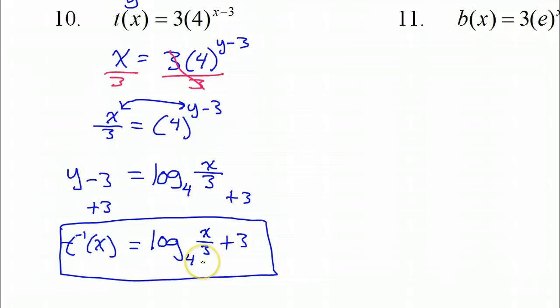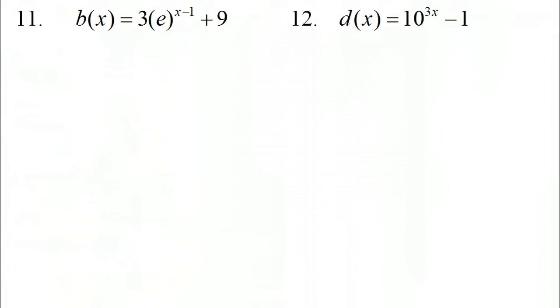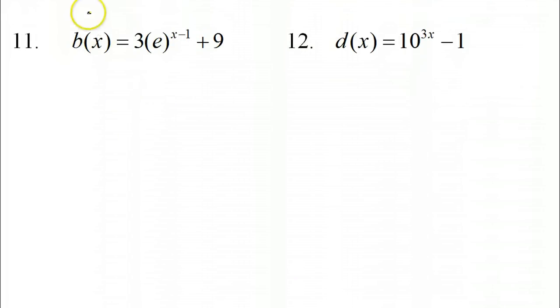All right, number 11. I see we got that base e. I feel a natural log coming, so watch out. This is y equals. So switching the x and the y gives me x equals 3 times e to the y minus 1 power plus 9.